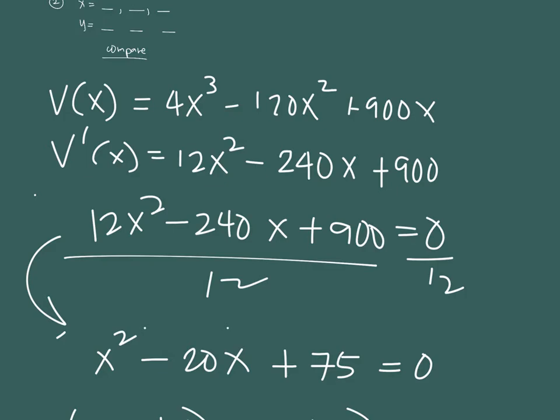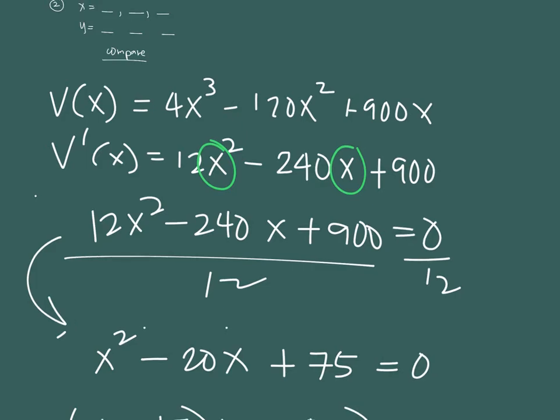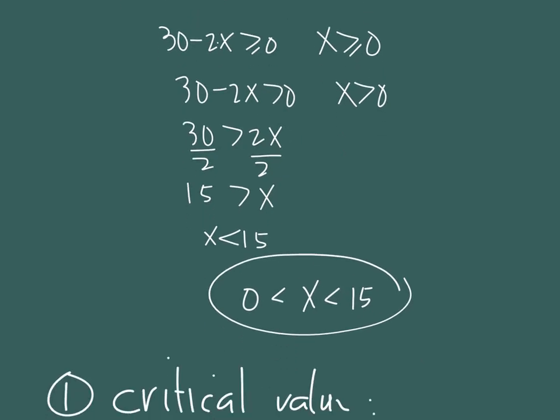What will be the result? You substitute 1 in every x here. That's 12 minus 240 plus 900. Without even solving for it, are we expecting a positive number or a negative number? A positive number. Did you understand?